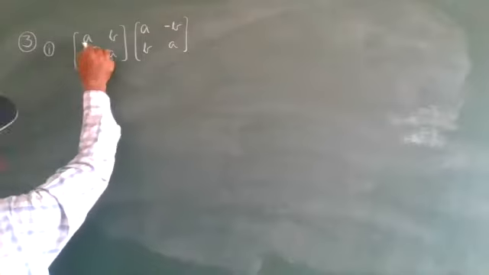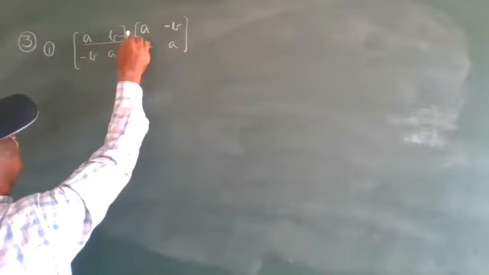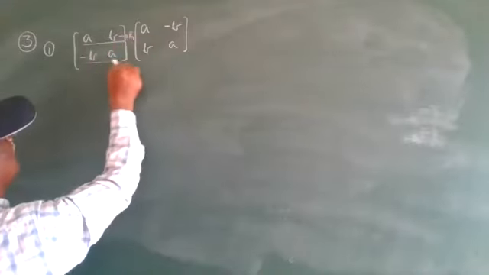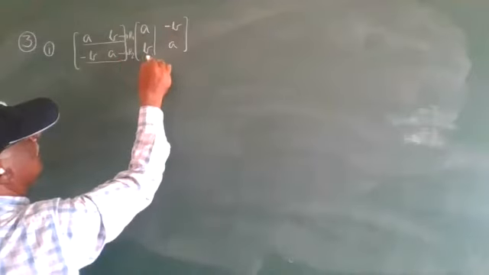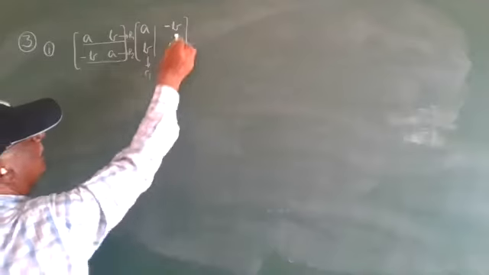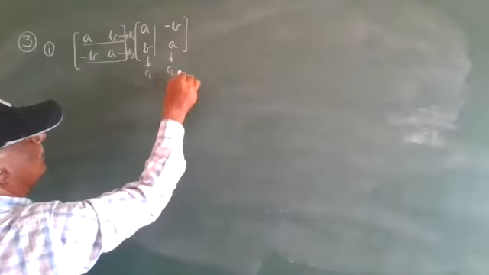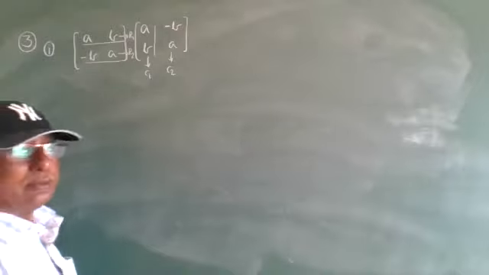First matrix rows, underline that R1, this is R2. Second matrix columns C1 and C2. You can do it directly.